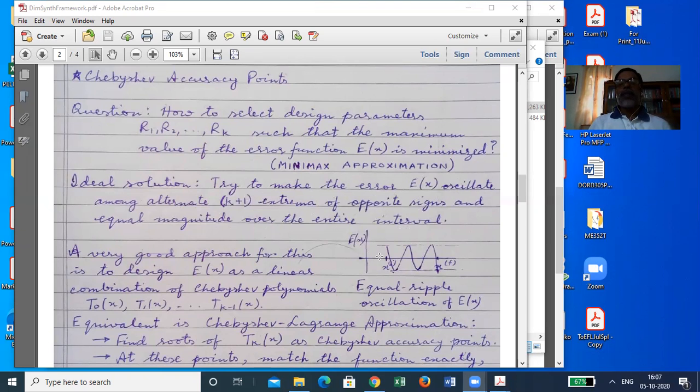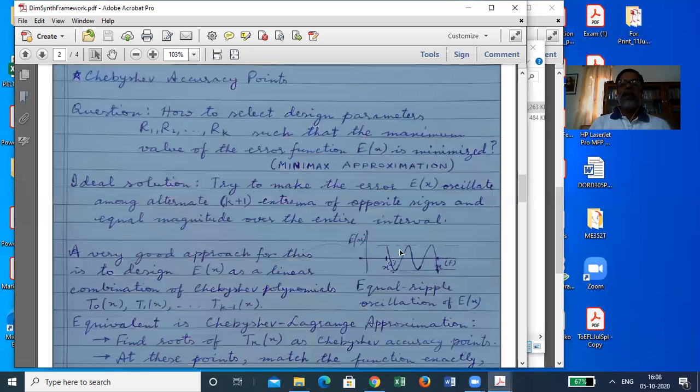If you are going to fix 5 parameters R1 to R5, then it would be best to do it in such a way that the error, or the deviation, changes from the start of the domain to the end in this manner, that it has 6 extrema: one maximum, one minimum, one maximum, one minimum, one maximum, one minimum.